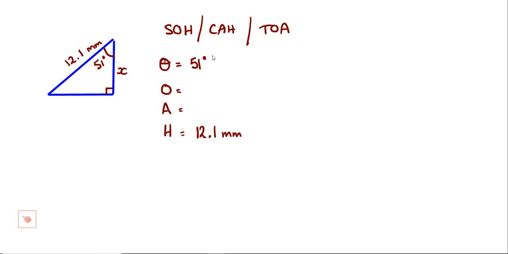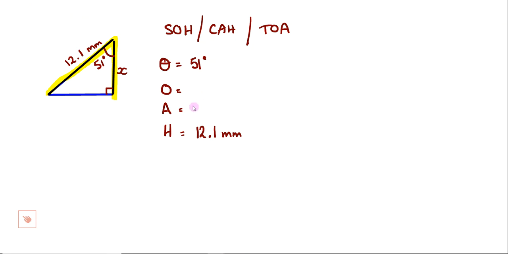The x is which one? It's the adjacent. So if you remember I said, look for the hypotenuse and then make the angle. And the other side is the adjacent side, so the x is the adjacent.